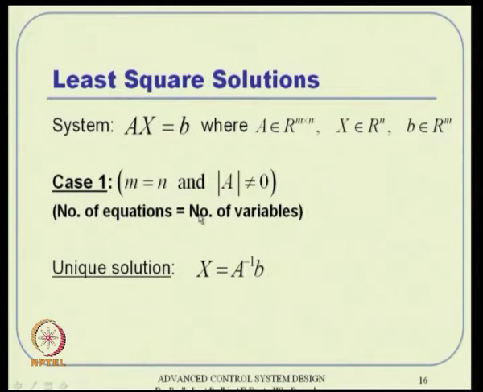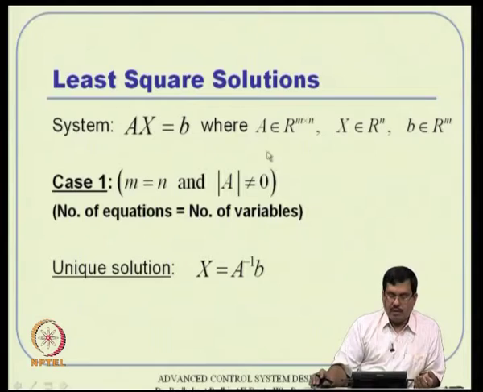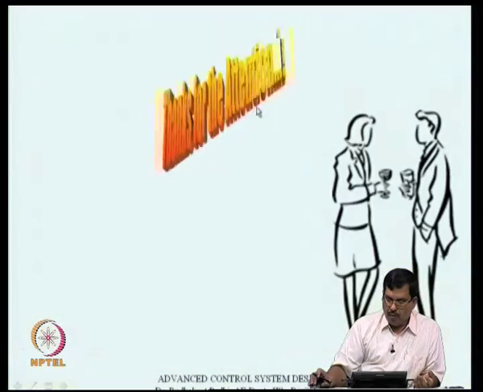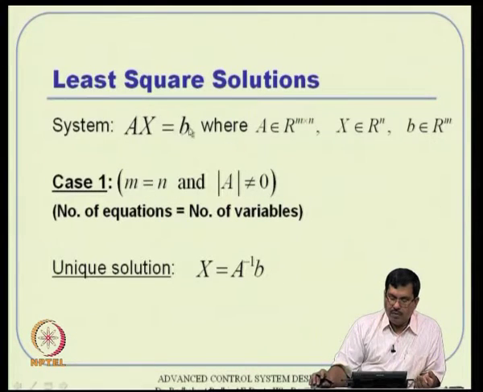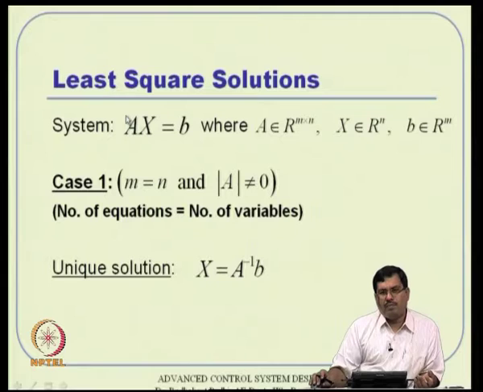Alright, the last concept in this lecture we will probably talk about is what is called the least square solution. Okay. And this least square solution is a concept which is very close to solving a system of equations.